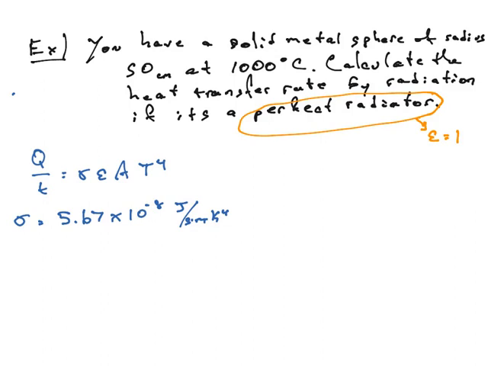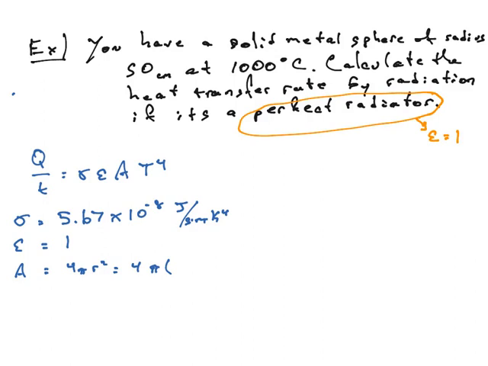What else do we need? We need emissivity, epsilon. Well, we know it's a perfect radiator, so that's 1. We need A, the surface area. We're talking about a sphere, so that's 4 times pi times r squared, where r is the radius. I'm told the radius is 50 centimeters. Of course, centimeters is bad.